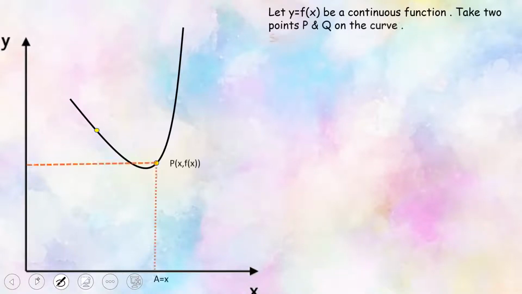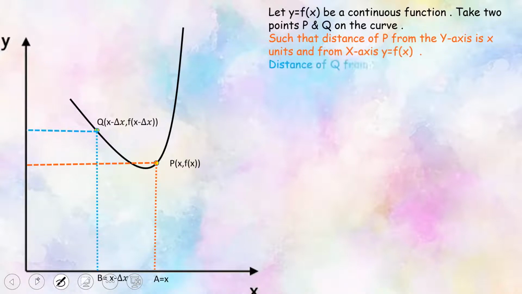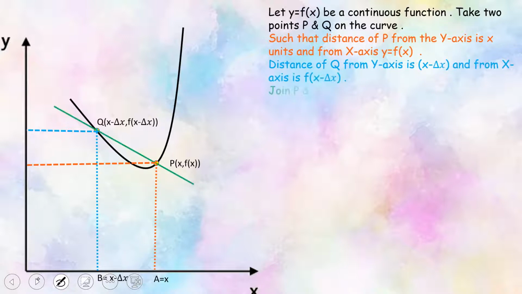real valued function. Take 2 points P and Q such that the distance of P from y axis is x, and from x axis it is f(x) or y. And distance of Q from y axis is x minus delta x, and from x axis it is f(x minus delta x). Now join P and Q. Then the equation of this line PQ is given by this equation.